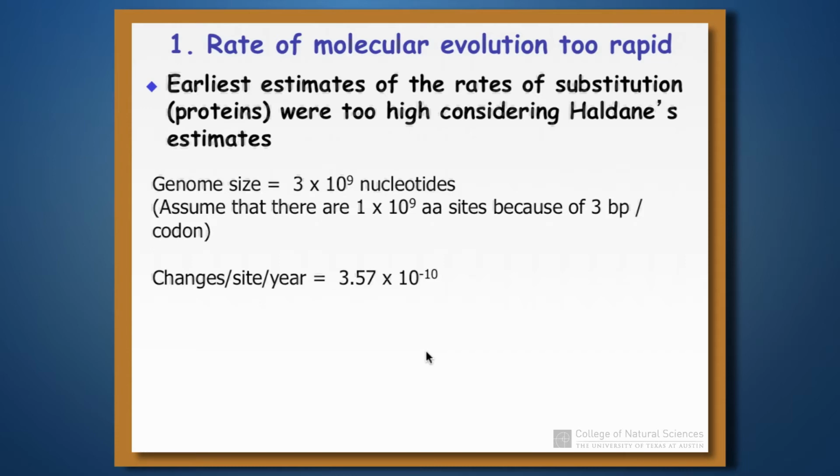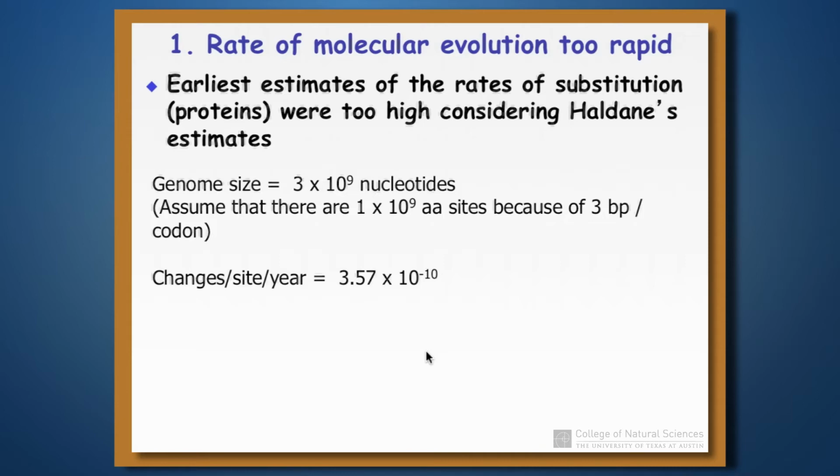All right, so let's look at what Kimura knew. He knew, for example, that the average human genome size was about 3 billion nucleotides. Now, what he didn't know back in 1968 was that there was a lot of non-coding DNA. So he assumed that most of the DNA probably coded for something, and therefore, since there are 3 nucleotides per codon, that there would be 1 billion amino acid sites in the human genome, for example.